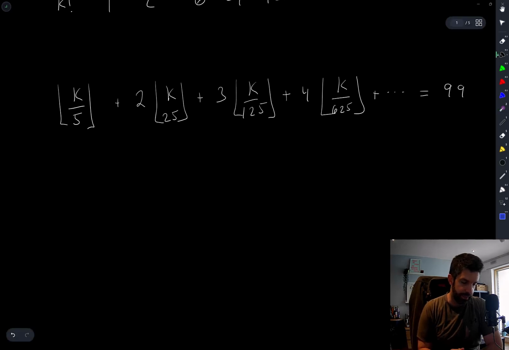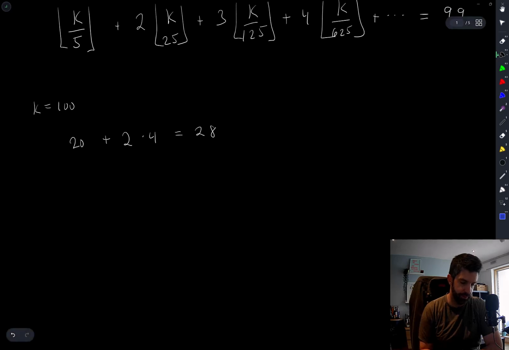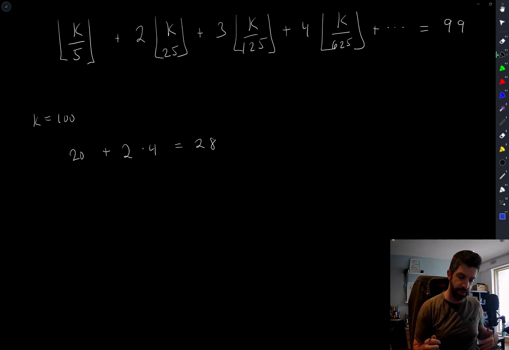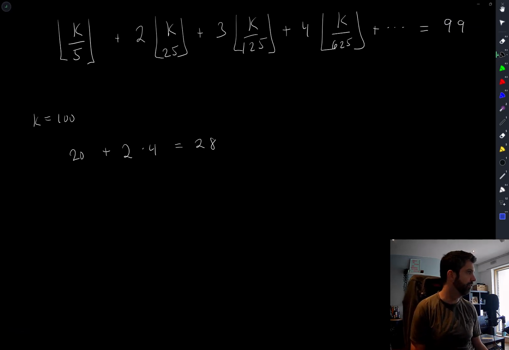What happens if I let k equal 100? Then k over 5 is 20, plus 2 times k divided by 25, which is 2 times 4, and the rest is 0, so that's only 28. I'm just trying to narrow in on what a reasonable value of k is.